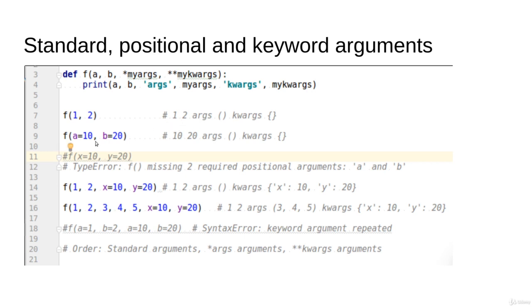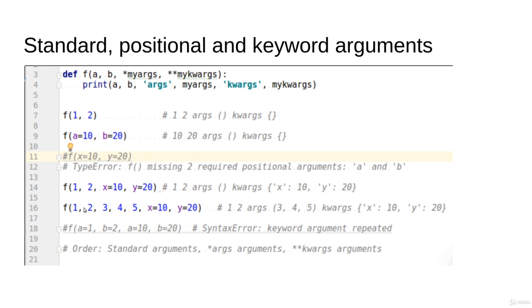If you passed f of A equal 10, B equal 20, they are keywords, but again we have to match the A and B. So A and B will be matched first. Then args and keyword args will be empty. If you try f of x and y, it is going to match args, but now A and B are missing. Now let's try to match A and B. So we pass 1 and 2 for A and B, and x and y for keyword args.